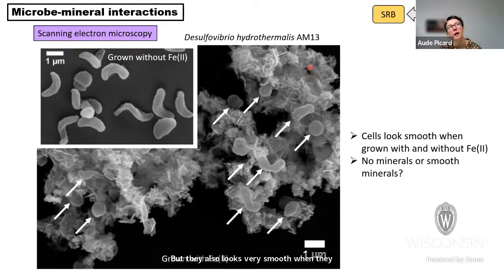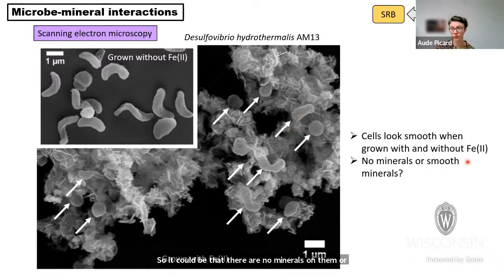I had worked with other systems before where, when cells are encrusted, it's very obvious. You can see the mineral spikes at the cell surface. But in this case, I could not make any conclusion using SEM. So it could be that they have no minerals on them or very smooth minerals.